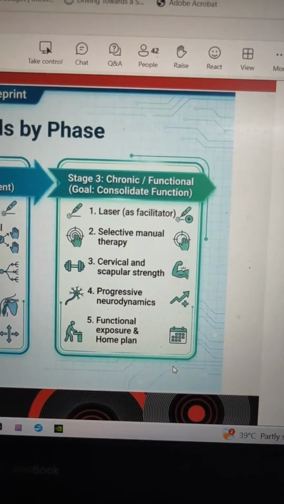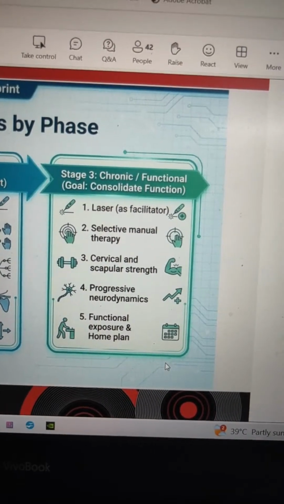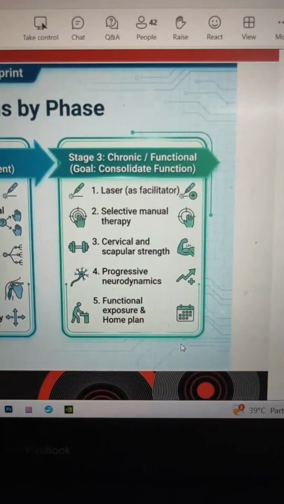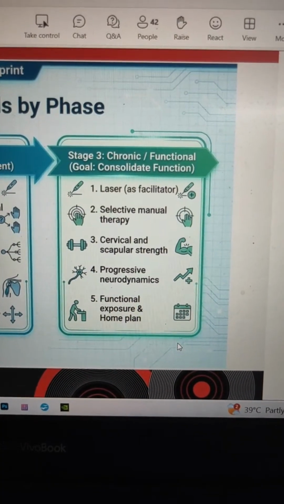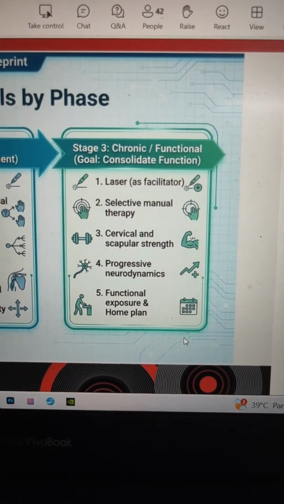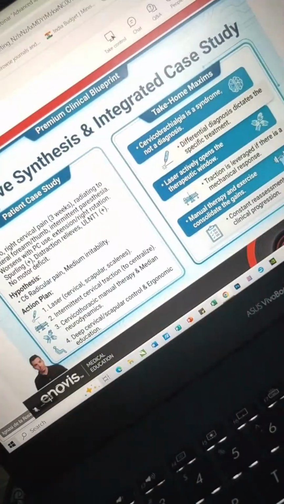In terms of education, a home program that includes self-management, movement, strength, and progressive load management is essential to ensure clinical success. Let's move on to this executive summary by explaining a real integrated clinical case.